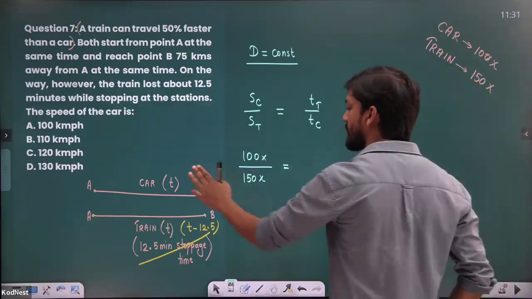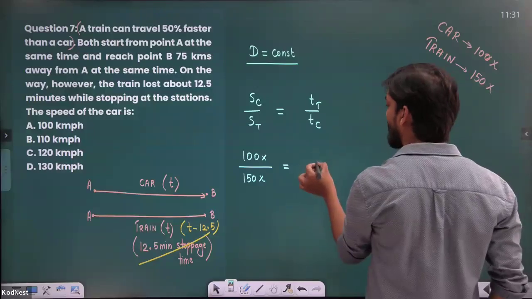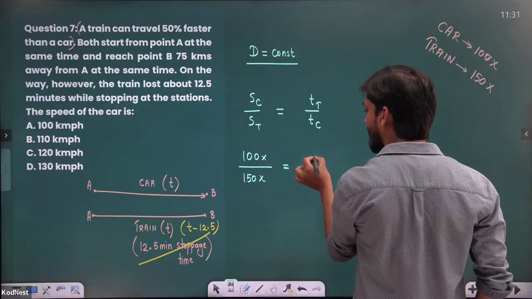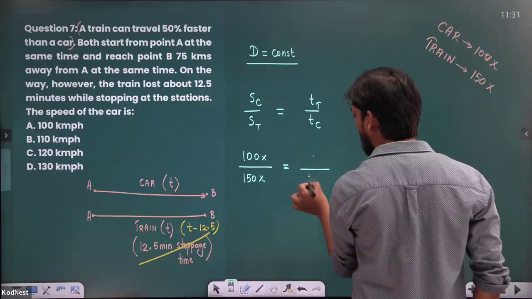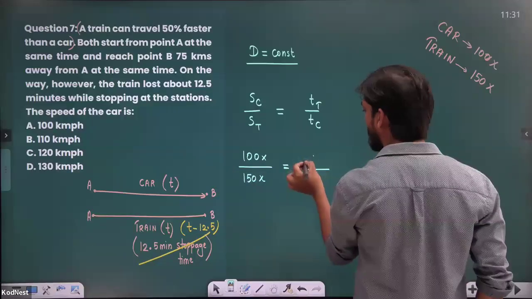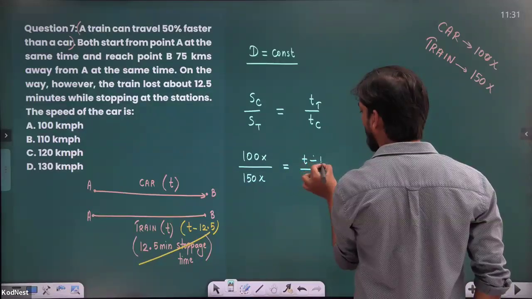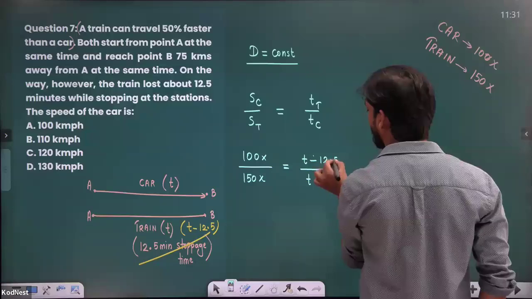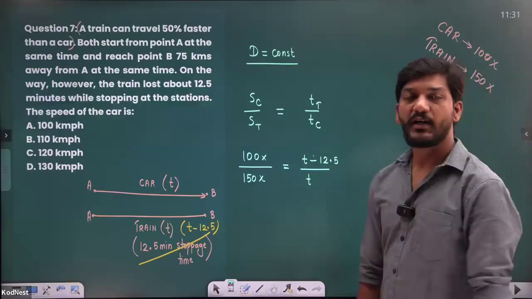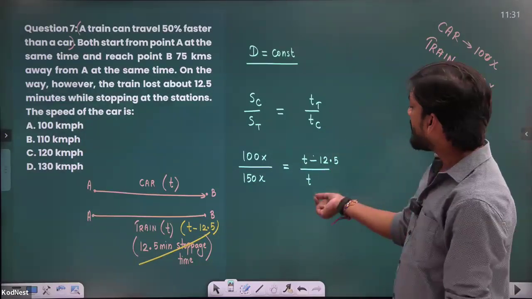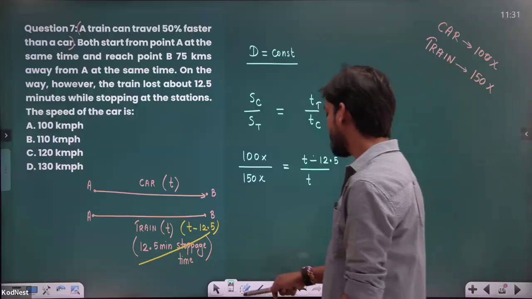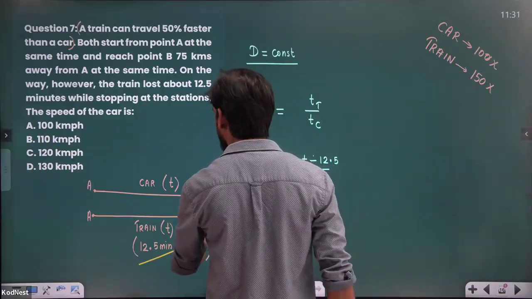I know the difference of timings, right? So one time you take as t. I've taken the car timing as t. So this will come out to be t minus 12.5. My dear, it doesn't matter whether you take t and t minus 12.5. Just carefully answer once.